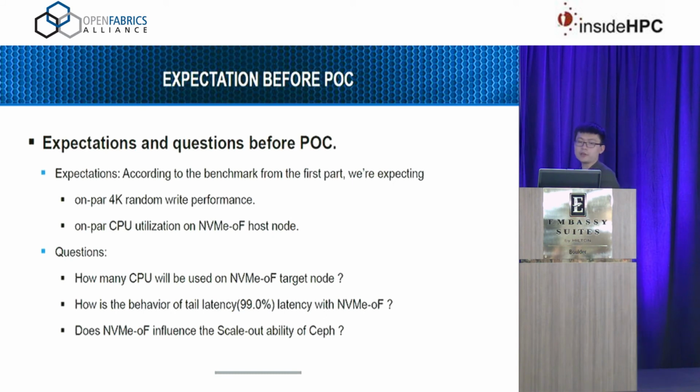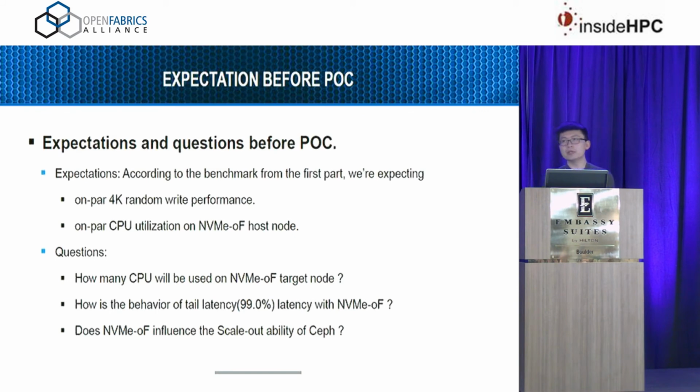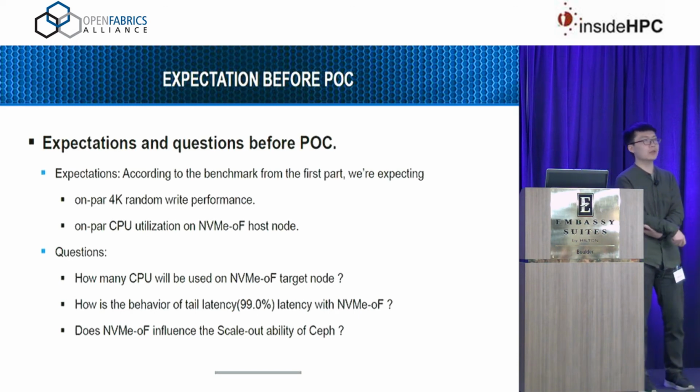We also have some questions. How much CPU will be used on the NVMe target node? We don't know, so we have to benchmark. The other question is, how is the behavior of the tail latency with NVMe-oF? The other question is, does NVMe-oF influence the scale-out ability of Ceph? Because Ceph scales out well, but with NVMe-oF, we don't know how the scalability performs.